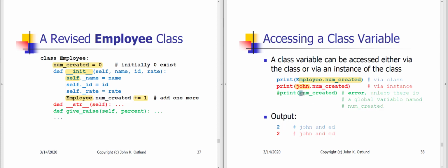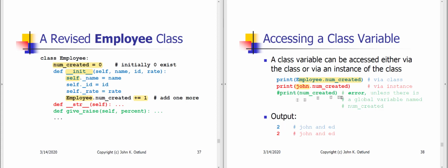Now, there is no global variable called num created. Okay, num created exists within the employee class. It's not global, so if you attempt to print num created directly, you'll just get an error message. Unless you accidentally also have a global num created variable sitting around, which is separate from the employee class's num created variable.